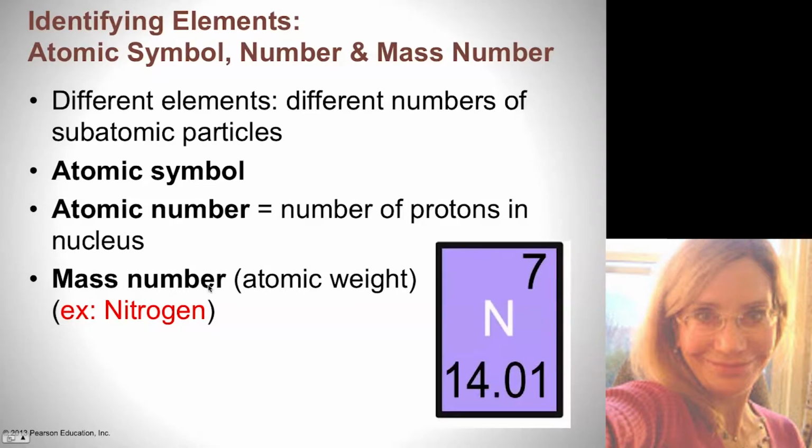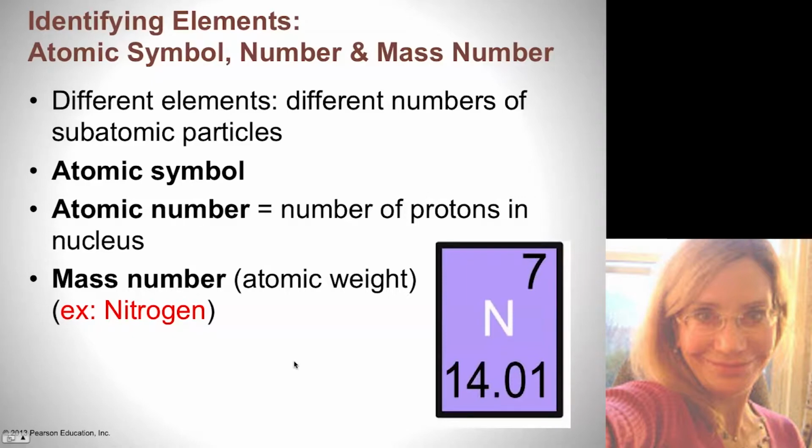The mass number is down here. This is also called the atomic weight. Now keep in mind, protons weigh 1 AMU, an atomic mass unit. It's so tiny you can't weigh it on a scale, even a gram scale. Protons weigh 1, and neutrons also have weight.